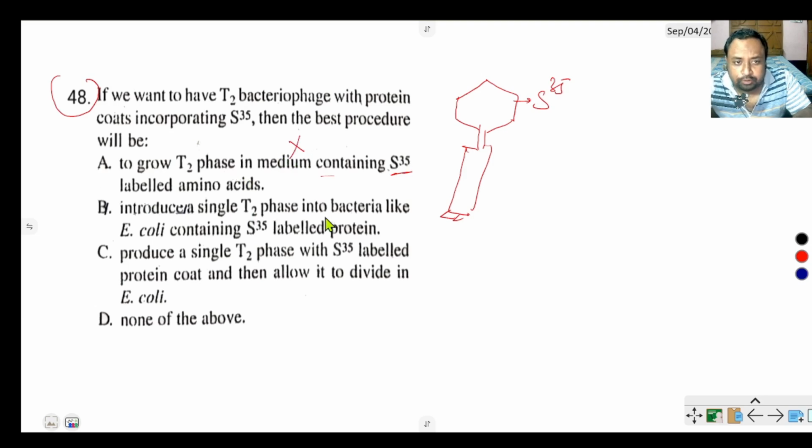Introduce a single T2 phage into bacteria like E. coli containing S35-labeled protein. Produce a T2 phage with S35-labeled protein coat and then allow it to divide in another E. coli. Correct option is B, because a virus multiplies or produces copies only within a host cell. Here E. coli is the host cell. If E. coli is supplied with S35, then the T2 bacteriophage, during transduction, also carries the S35 in the capsomere.